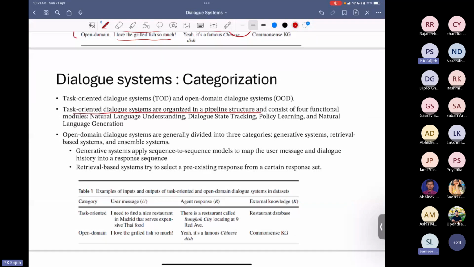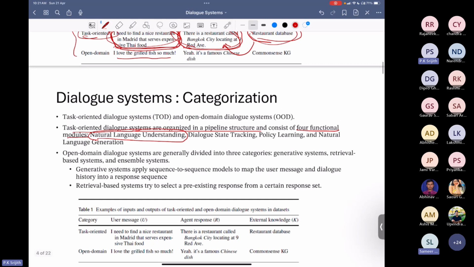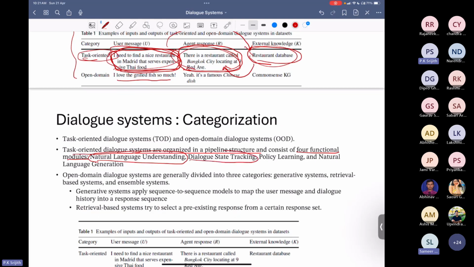in recent times. But in general, you can think of task-oriented dialogue systems as consisting of four modules. One is natural language understanding, which is understanding the user message. Then dialogue state tracking. Now all these different modules we'll be discussing in detail in later slides.